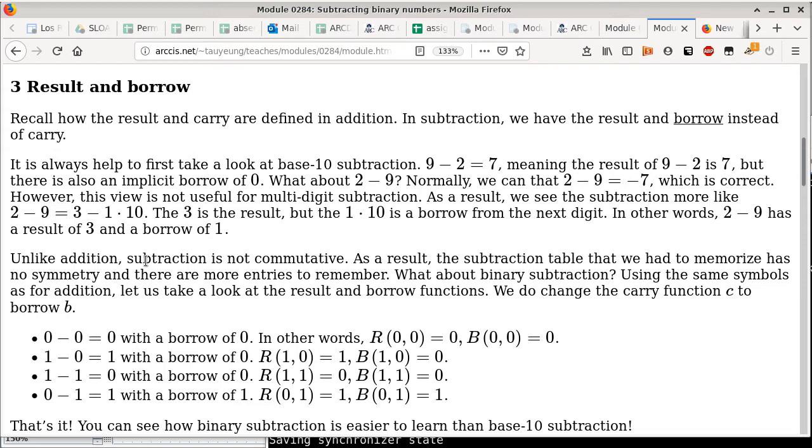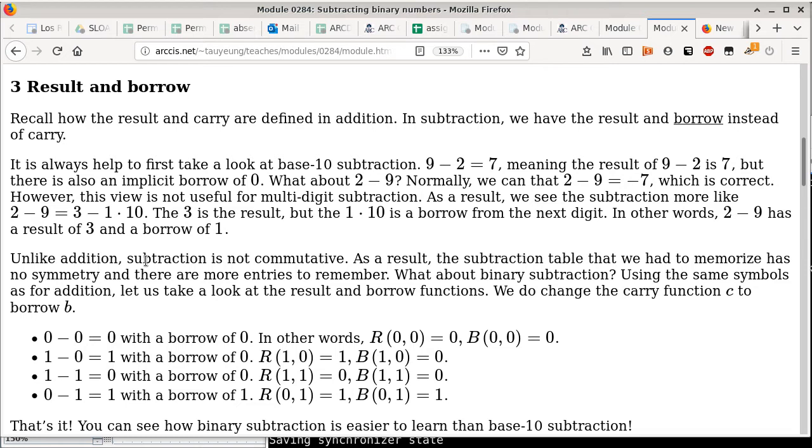So let's check it out. 0 minus 1 is 1, but the actual quantity is the result minus the borrow times the base. So in this case, the result is 1 minus the borrow times the base, which is 2. 1 times 2 is 2. 1 minus 2 is negative 1. 0 minus 1 can be seen as negative 1. So that way of looking at things does work out.